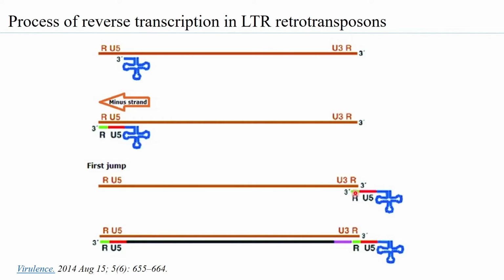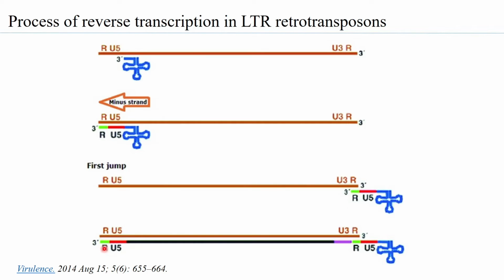So this R portion comes and binds to this R region of the element. And this now functions as the 3' OH, which is used by the reverse transcriptase to transcribe the entire RNA element, including the U5 and R all over again. So this is the first strand of the complementary DNA that is formed.